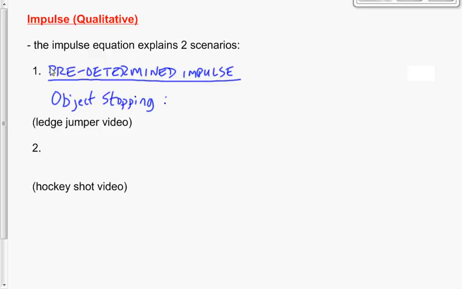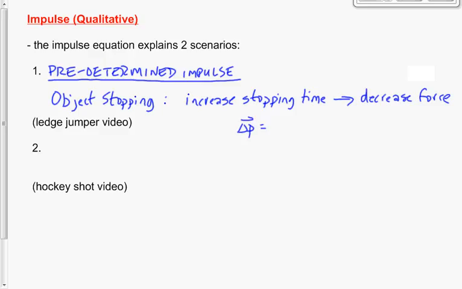What you want to do typically is increase the stopping time, and the effect that has is to decrease the force. So take a look at a number for a second here. If my impulse is 10, my time is 1, then my force is what?